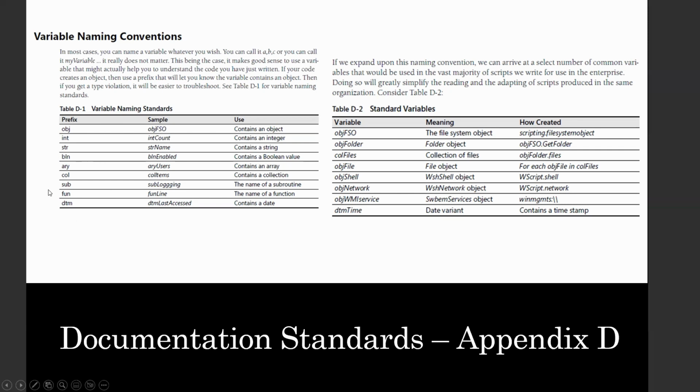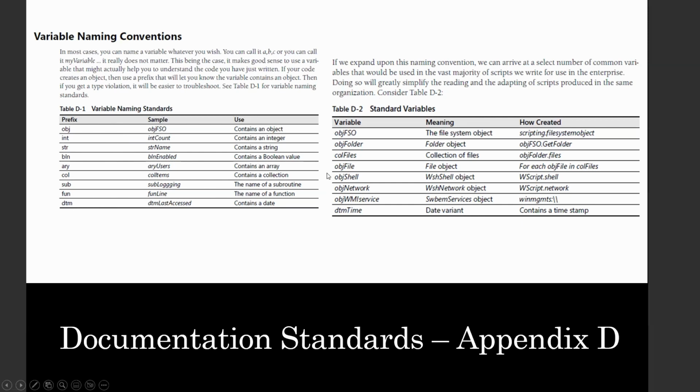So I might use something like, in the example we used reg for a registry key. If I have an integer, my variable would have an int before it, a little int. If it's a string, it would have a little str. That is just to help identify what that variable is when you just look at the variable.